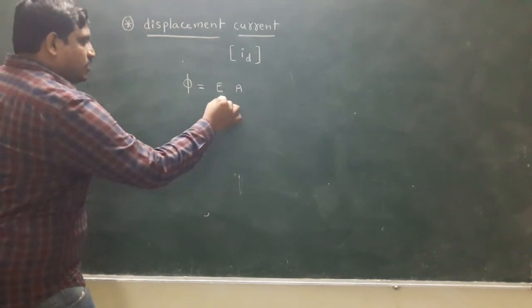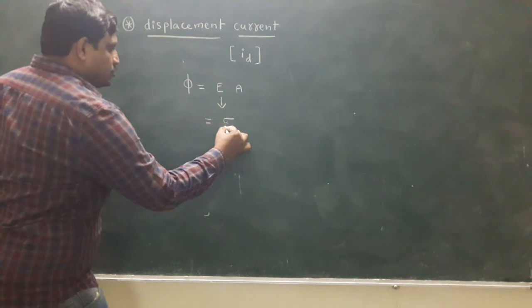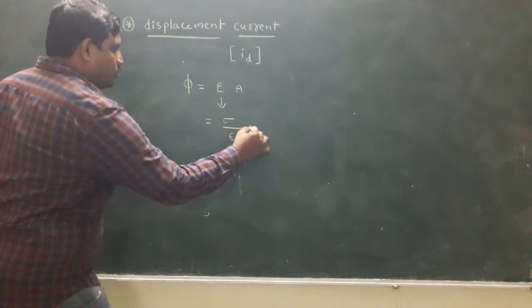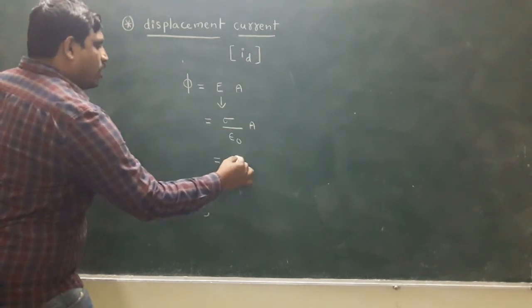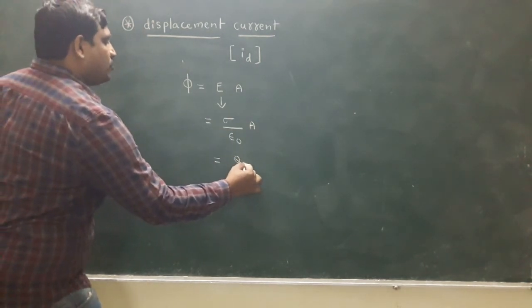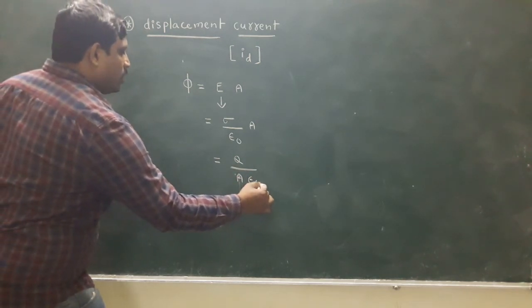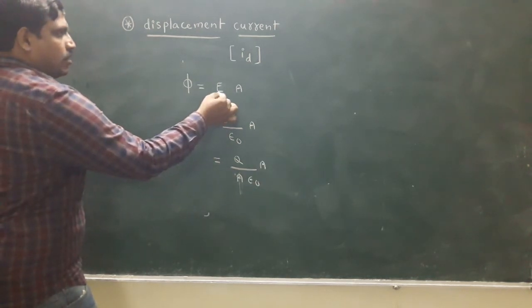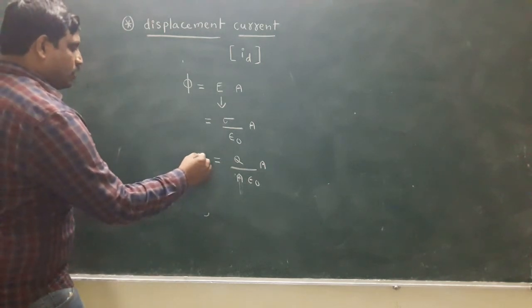Between the plates of the capacitor, the electrical field is sigma by epsilon naught, where sigma is the surface charge density Q by A. So E equals Q by epsilon naught A. This is the electrical field between the plates of the capacitor, and this is phi.